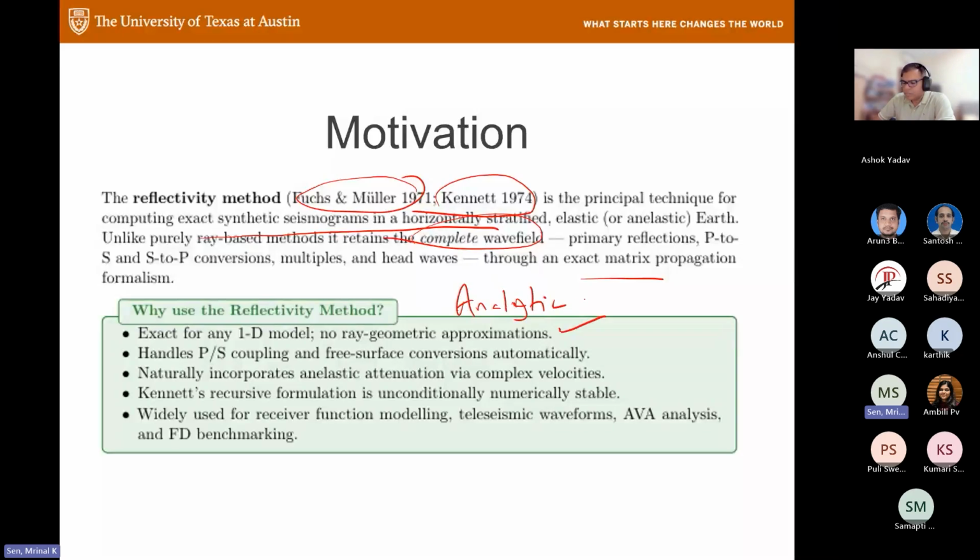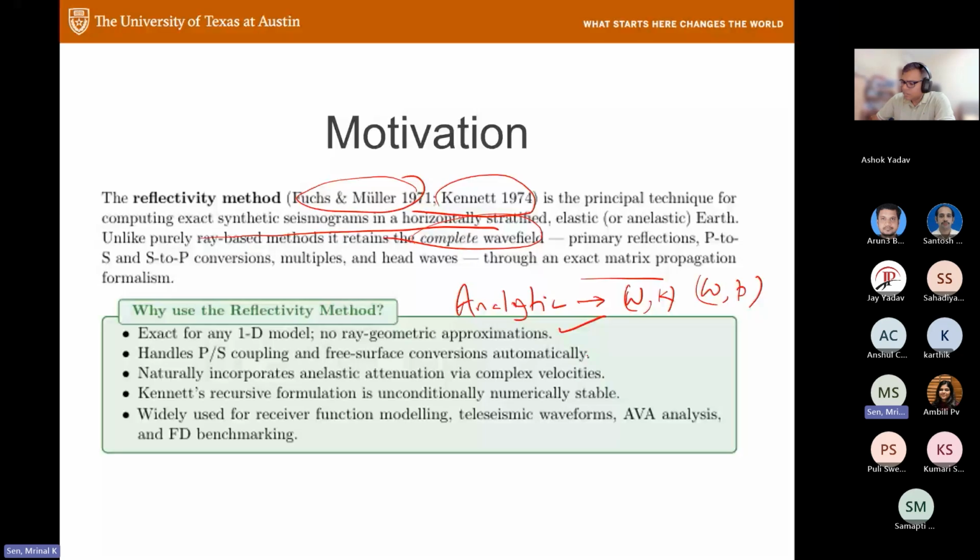The analytic solution is available in the frequency-wavenumber or frequency-ray parameter domain. Once we have the final set of equations, we can calculate those in the omega-k domain, and then go back to the offset-time domain. So this will handle your P to S coupling and also free surface conversions.